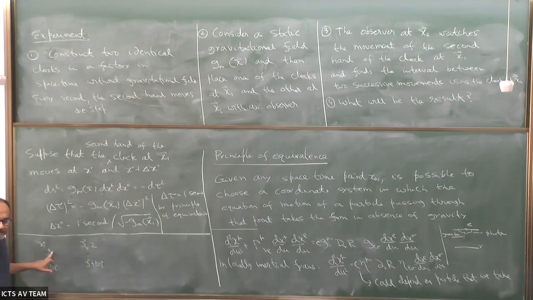Whatever is emitted at x naught, it reaches at y naught. So there is some notion in which there's one clock which is staying at x1 and another clock staying at x2.